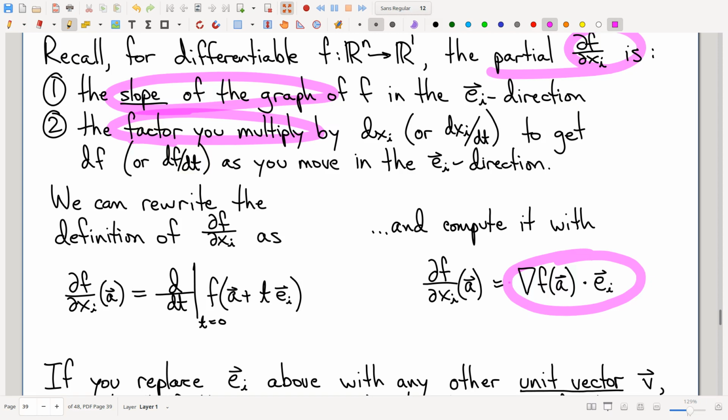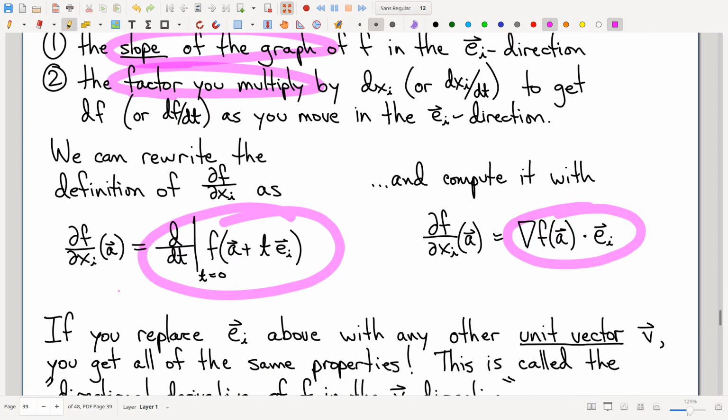And then this other one, I claim that we know that a partial derivative can be written like this. This is a rewrite that seems a little unnatural. It's basically just taking the computation of a partial derivative and writing it as a derivative of a parameterization. Remember, when you're going in the xi direction, that's what a partial derivative means. It means that my inputs are moving exactly and only in the xi direction. Notice that that's all this thing here on the inside does.